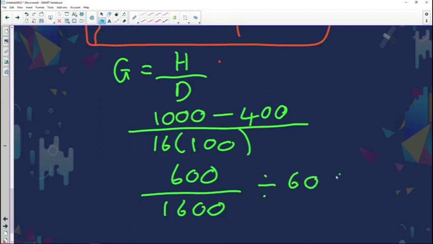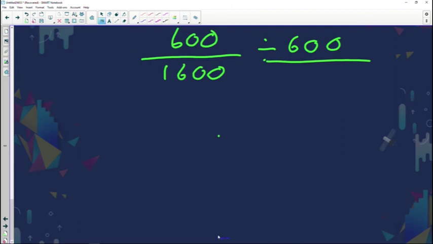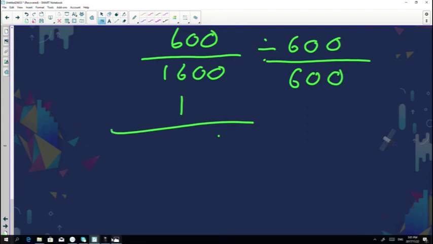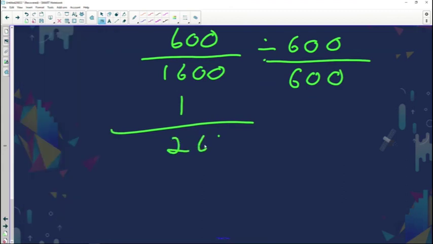So we say 600 divided by 600 gives us a ratio of 1. And what we do on the top, we need to do on the bottom. 1600 divided by 600. Let's quickly calculate it. It's 2,6. So that means for every 2,6 meters we walk, the gradient increases by a meter.